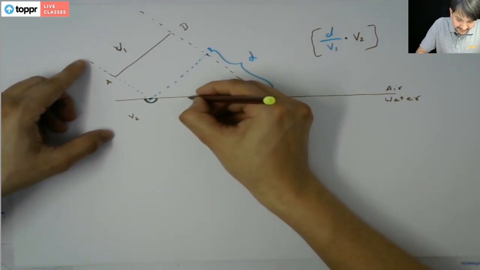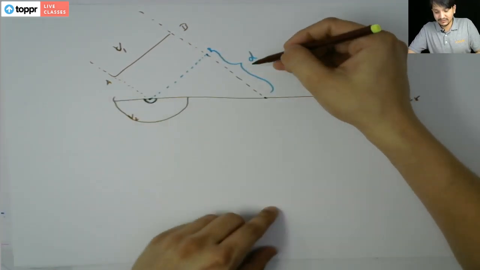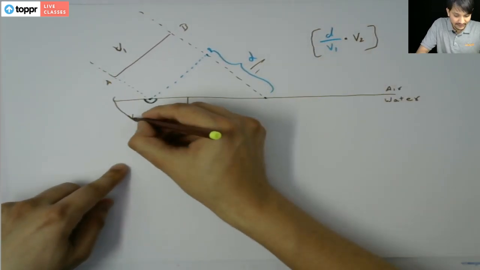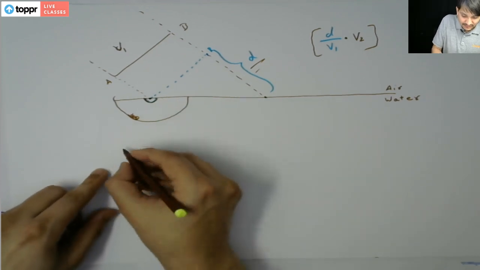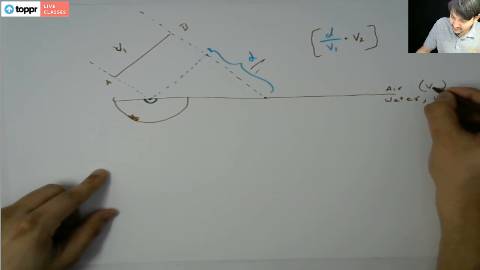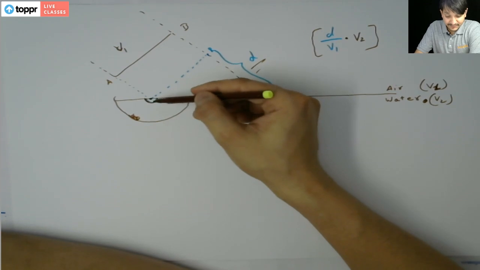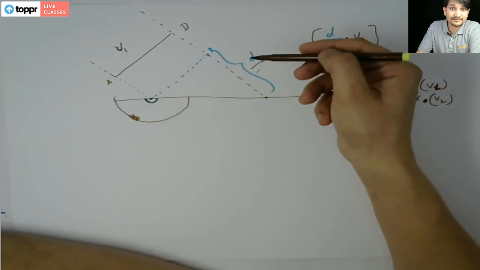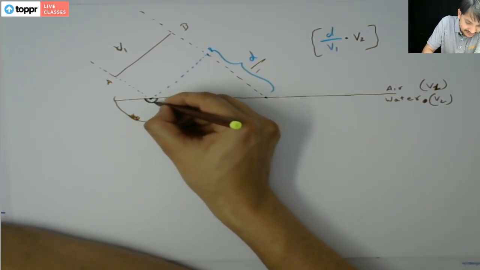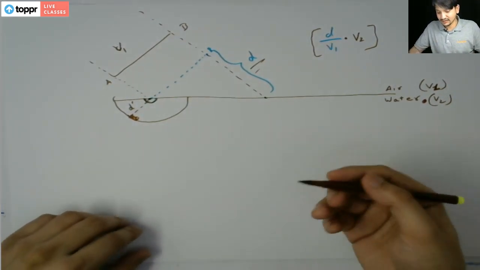And you know that this will definitely be less than d, because the speed of light in water is less than the speed of light in air, with v1 here and v2 here. So I'm considering this whole thing as d dash.